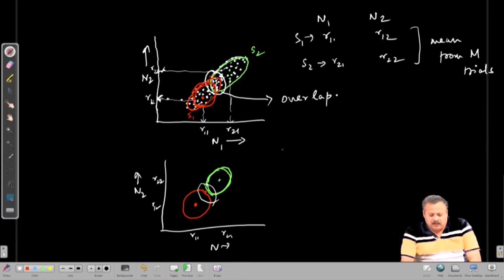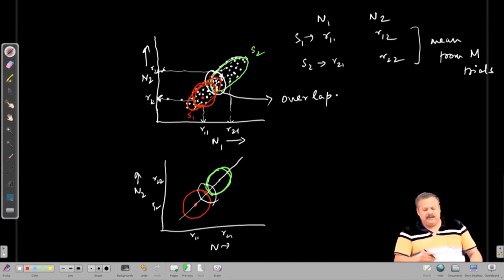Now we are talking of a different correlation, that is, the response of neuron 1 and neuron 2 in response to stimulus 1 and stimulus 2. Their responses change with a positive correlation.